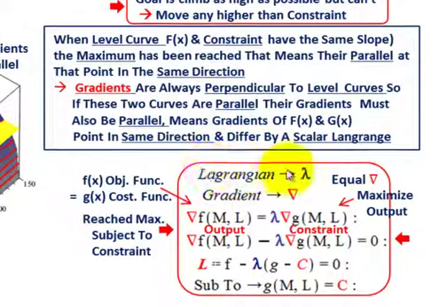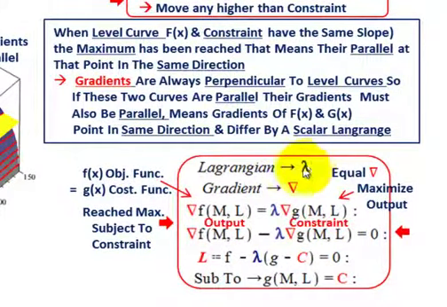Okay, so if we look at our Lagrangian equation, it uses lambda, the Greek symbol. Gradient is this upside-down V symbol. So the gradient of our output function F, based on material and labor inputs, equals lambda, our Lagrange multiplier, times the gradient of our cost function.